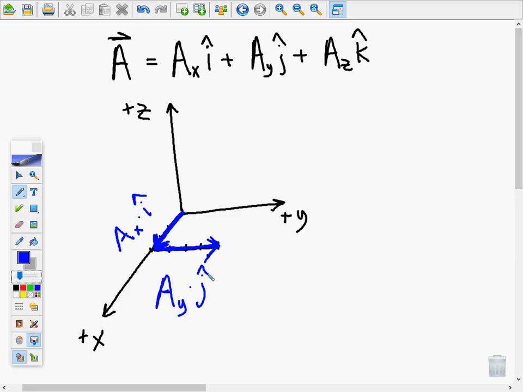But that only gives the two components. So now I've got to find a sub z. If I rise up, and let's say it's 5 units, 1, 2, 3, 4, 5, and I draw an arrow in that direction, a sub z times unit vector k.